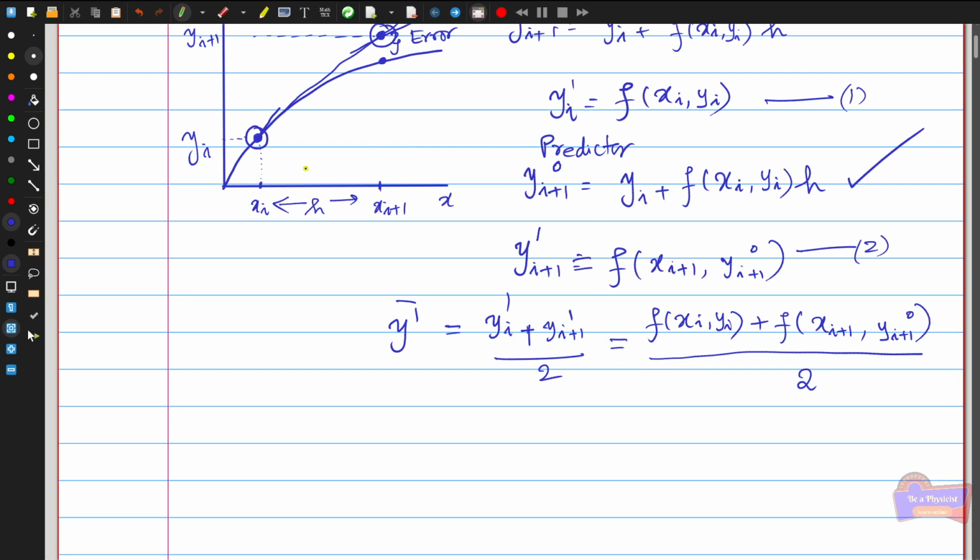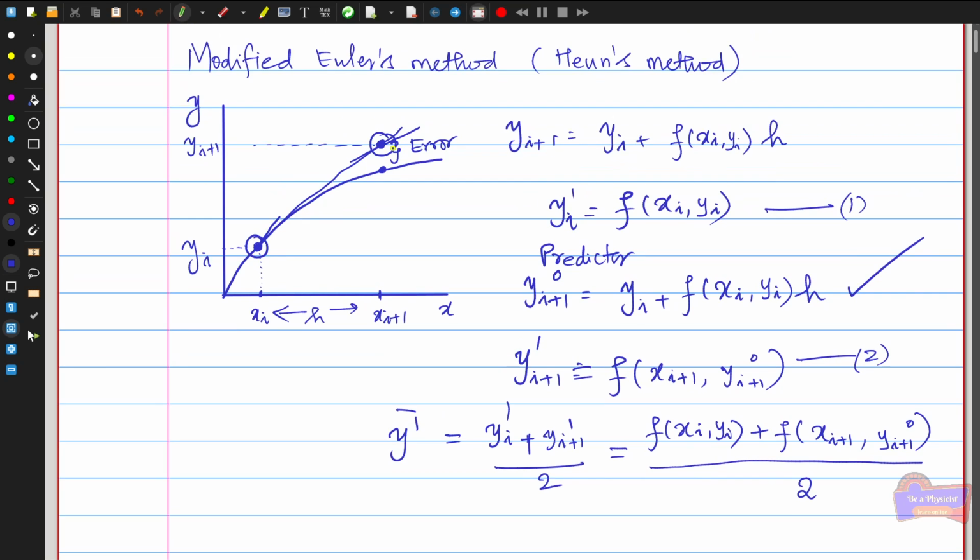So I have taken the slope at this point and this point, and I am going to take the average of these two, which will give you this expression.